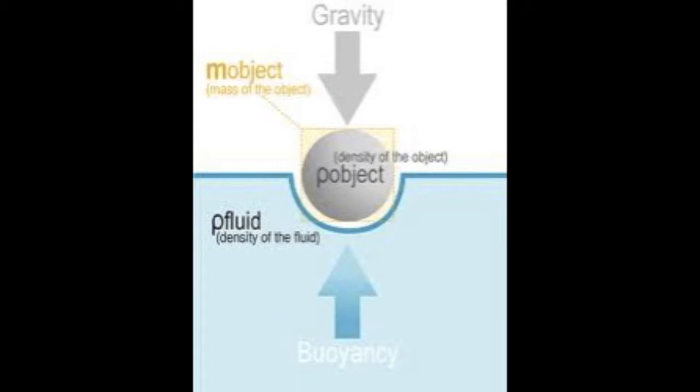So now, the gravity force is in a relationship with the density of the ball, while the buoyancy force is in a relationship with the density of the fluid, and we can use these relations to solve a lot of problems.